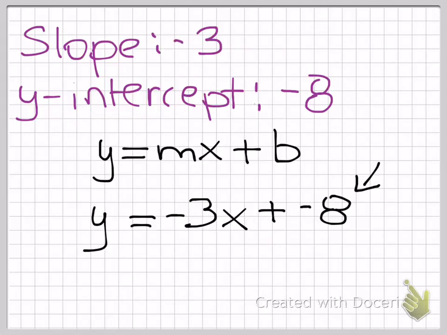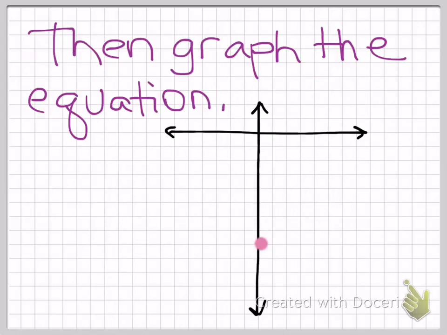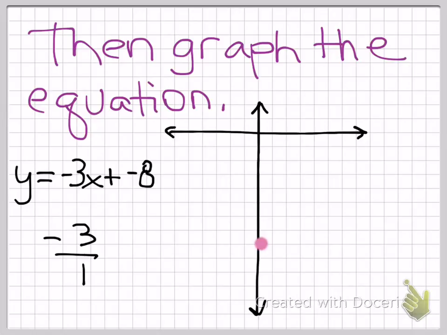My equation is y equals negative 3x plus negative 8. So I'm going to write my slope as a fraction, negative 3/1. So what that's going to tell me to do is go down 3 from my starting point to the right 1.